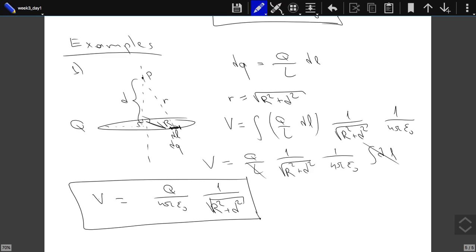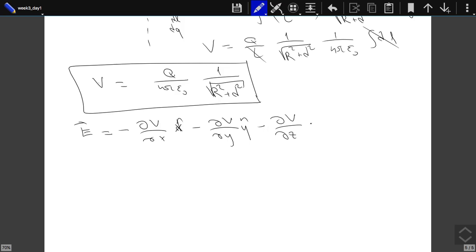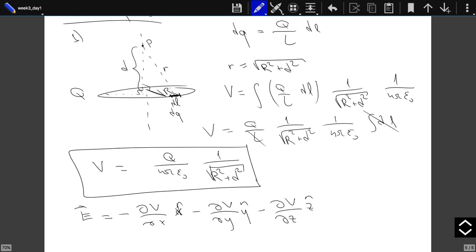If we want to calculate the electric field, the electric field is minus the derivative of V with respect to x in the x direction, minus the derivative of V with respect to y in the y direction, minus the derivative of V with respect to z in the z direction.